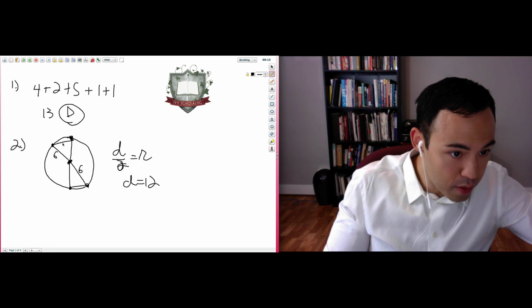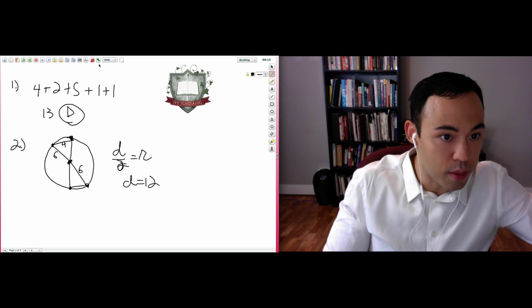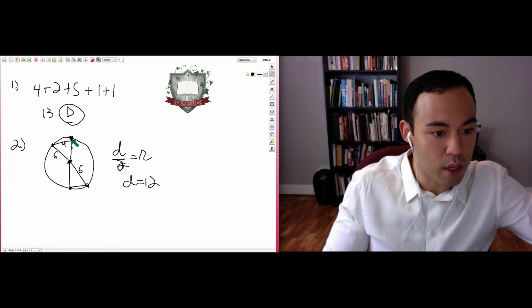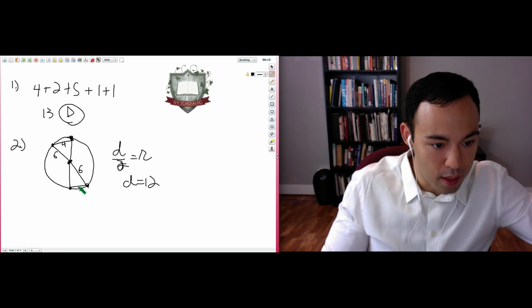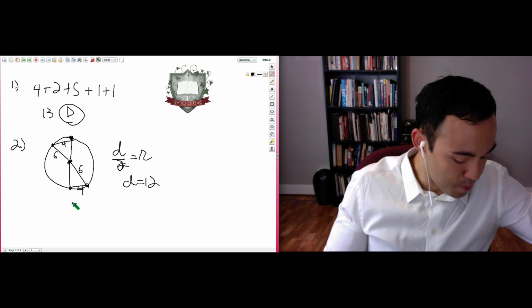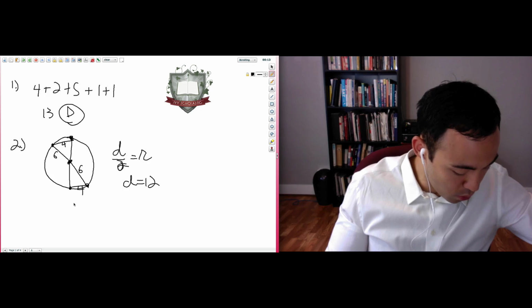All right, and then this little chord here that's subtended by these 2 lines that are diameters, that chord and this segment are going to be equal. Let's see. So now let's go ahead and do a process of elimination.